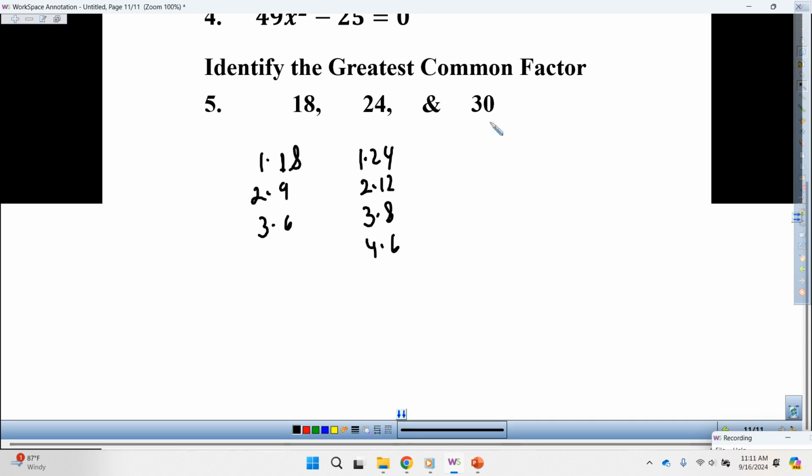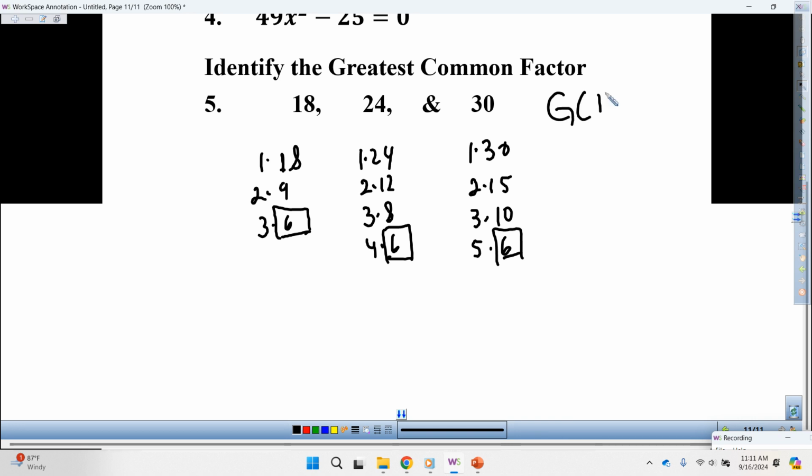Then they repeat. 1 times 30, 2 times 15, 3 times 10, 4 times nothing, 5 times 6, and then they repeat. Looks like the biggest one is 6? Yeah? Is that the greatest one? Yeah, it looks like the GCF is 6.